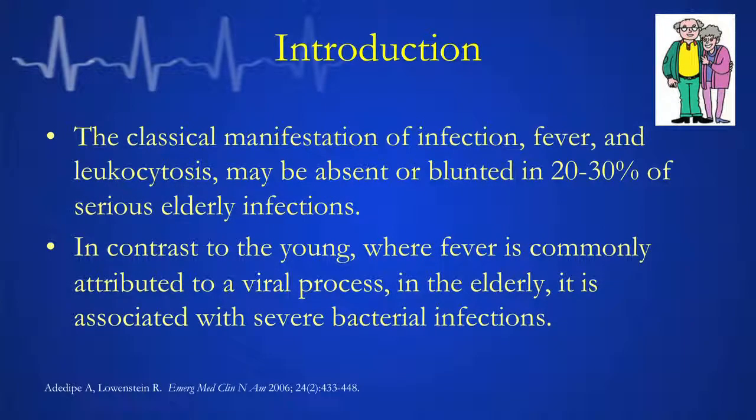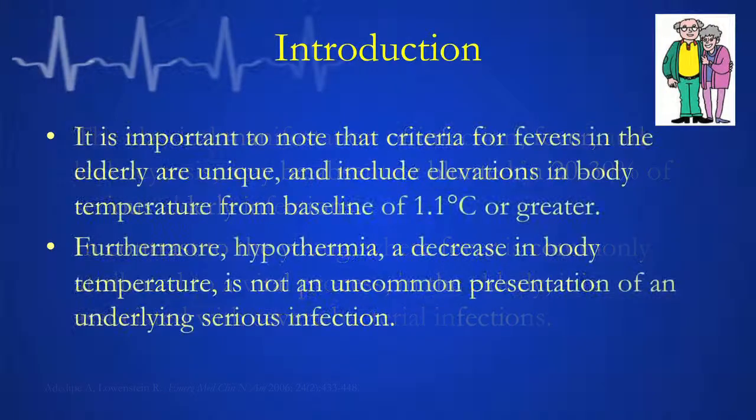The classical manifestation of infection, fever, and leukocytosis may be absent or blunted in 20 to 30% of serious elderly infections. In contrast to the young, where fever is commonly attributed to a viral process, in the elderly it is associated with severe bacterial infections.